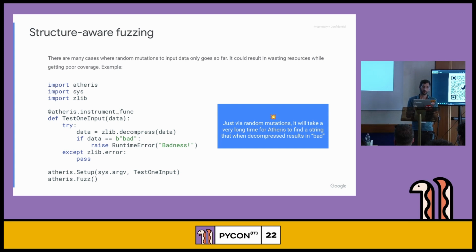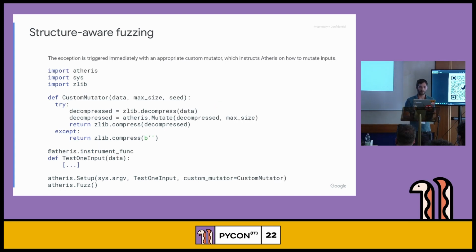So what we can do is actually help the fuzzer a bit. Yeah, this will take forever. So we can help the fuzzer by writing a custom mutator. And this is a relatively new feature in Atheris that was added maybe around December last year.